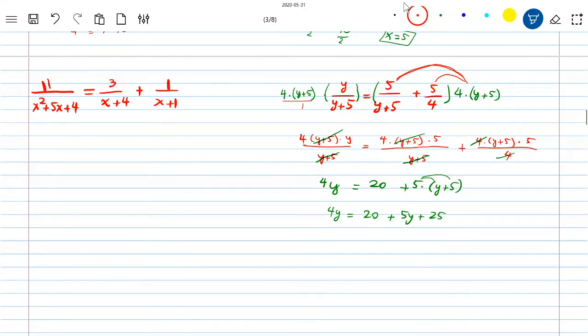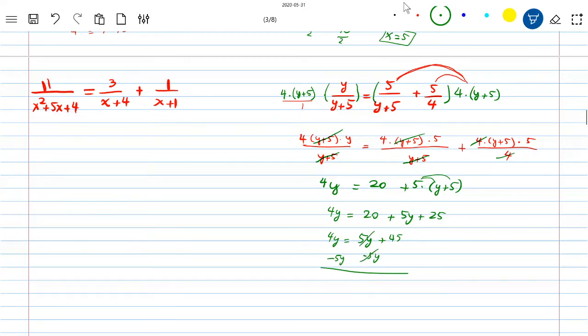Combine like terms, move the similar terms to one side. So here 20 and 25 becomes 45. 5y plus 45. I can subtract 5y from both sides.